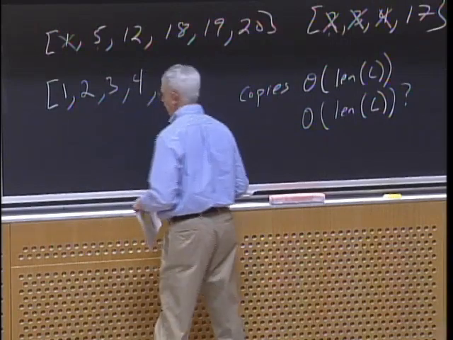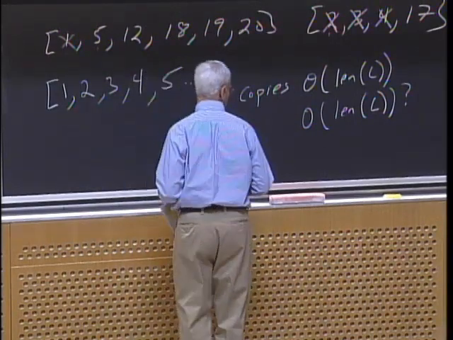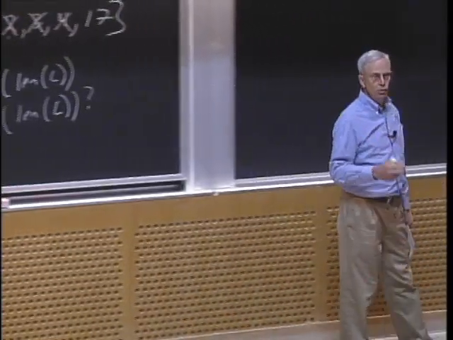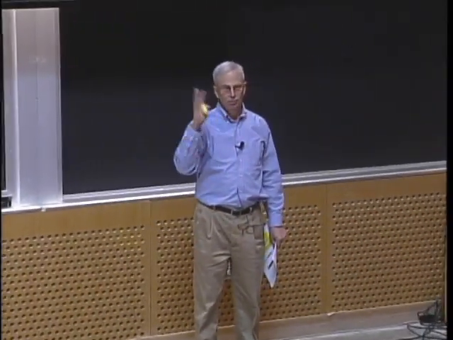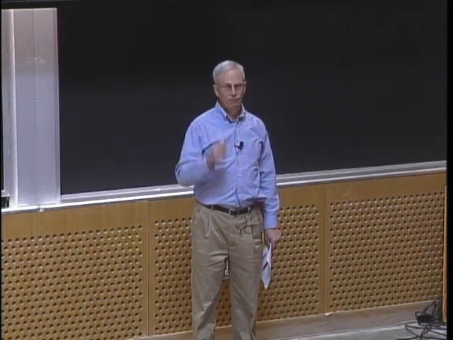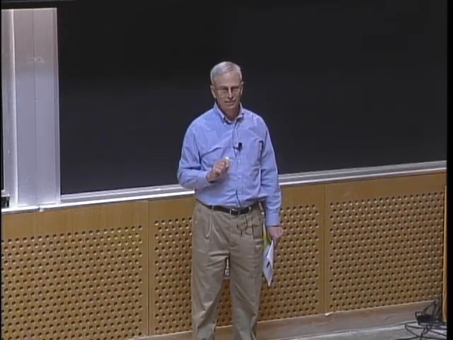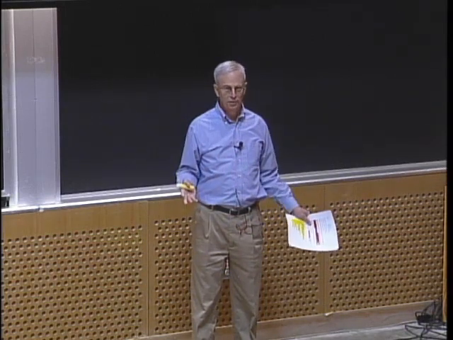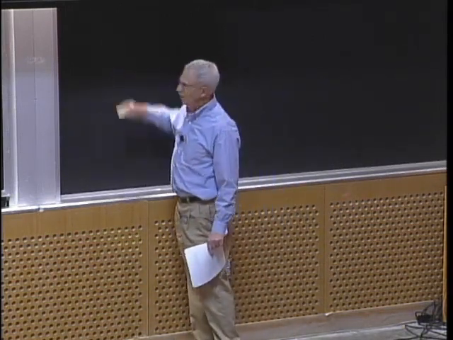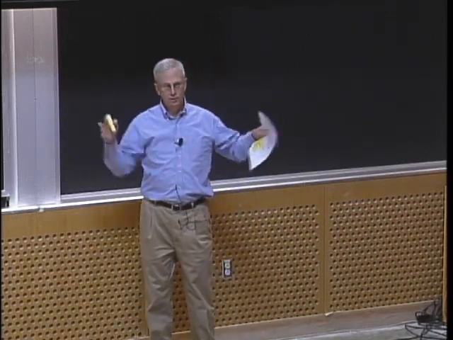Now, when I think about how I'm going to do the merge sort, what I'm going to do is take the original list, break it up, break it up, break it up, break it up, until I have lists of length 1.